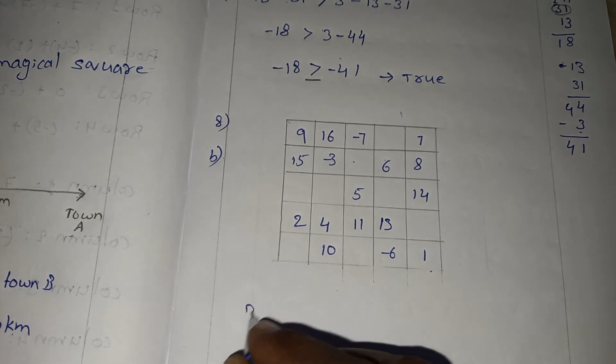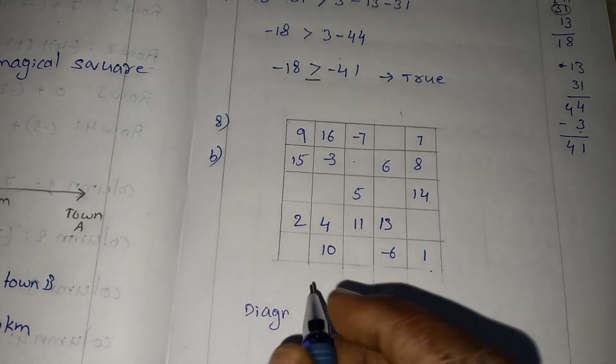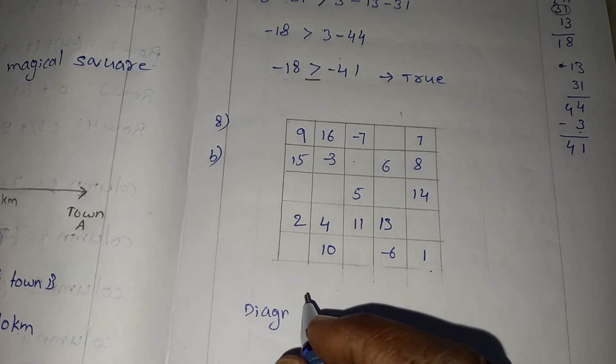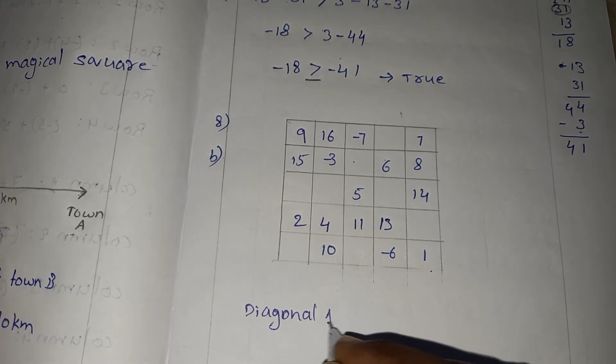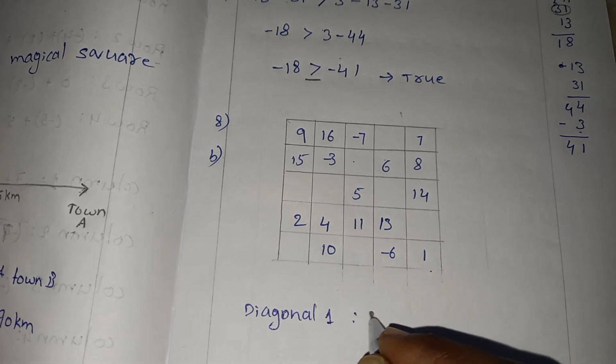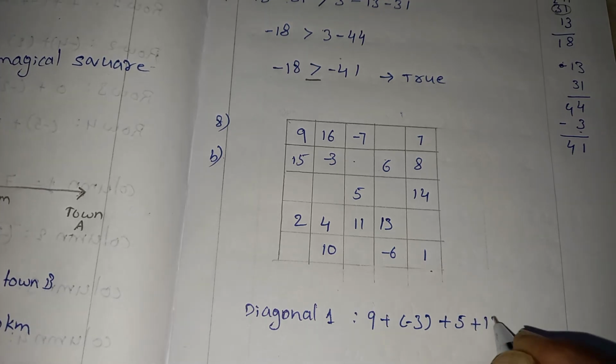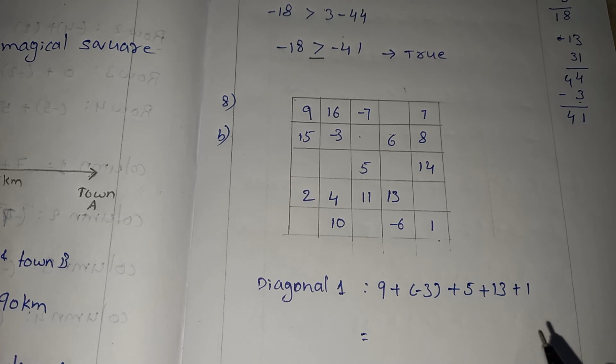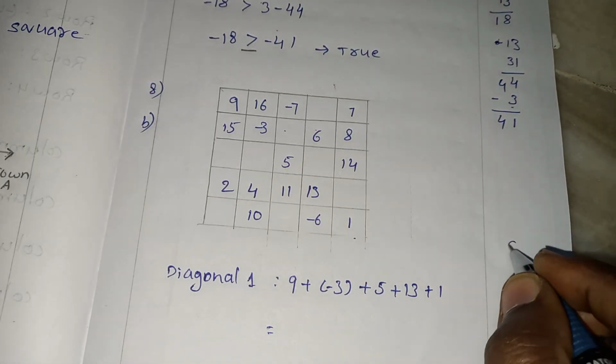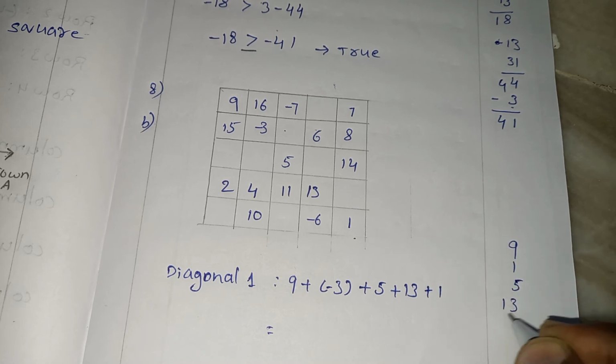So let us calculate the first diagonal. 9 plus minus 3 plus 5 plus 13 plus 1. 9 plus 1 is 10. 10 plus 5 is 15. 15 plus 13 is 28.